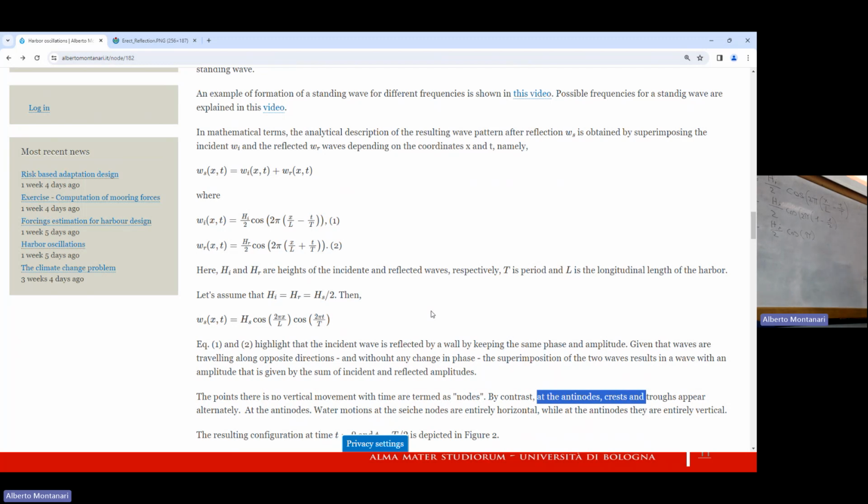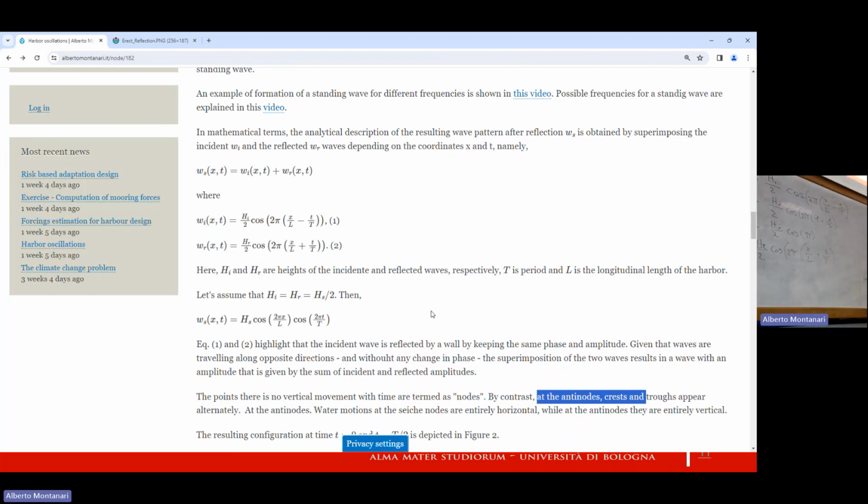Okay, a reflected wave. The reflected wave is the same formula. W_R is equal to H_R divided by 2 cos of 2 pi, x divided by L plus t divided by capital T. Okay.